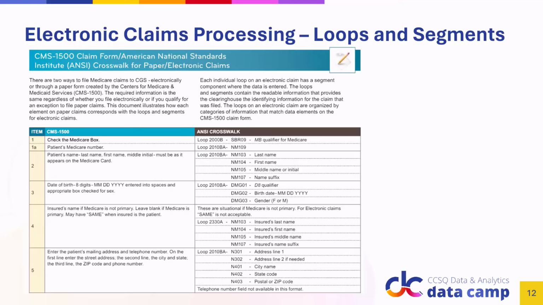And this is essentially a crosswalk to loops and segments that is established by American National Standards Institute. It's just for your information. You can look at it for a moment. I think it is self-explanatory. We can go to the next slide.